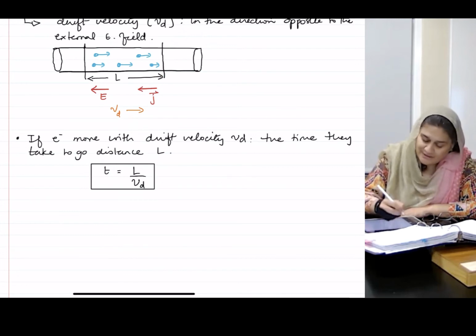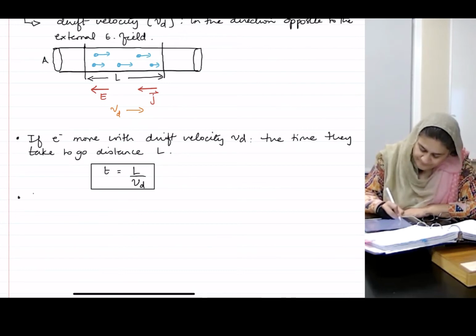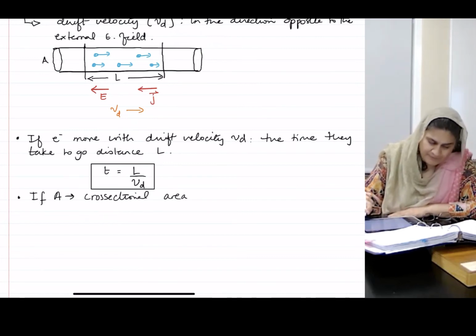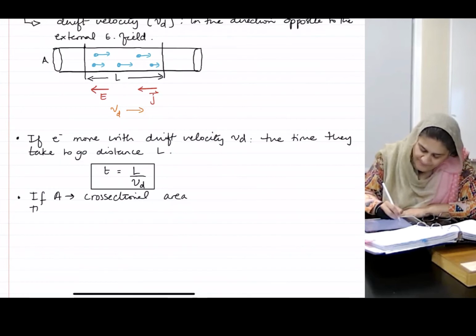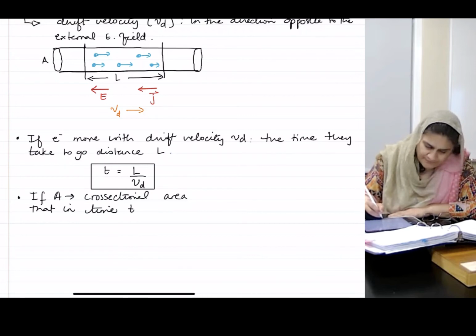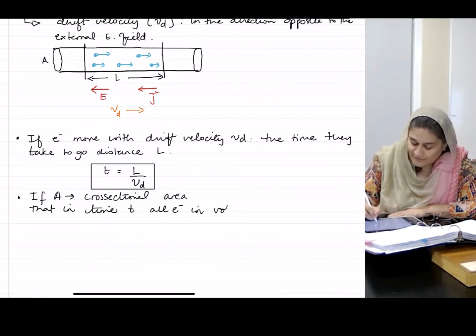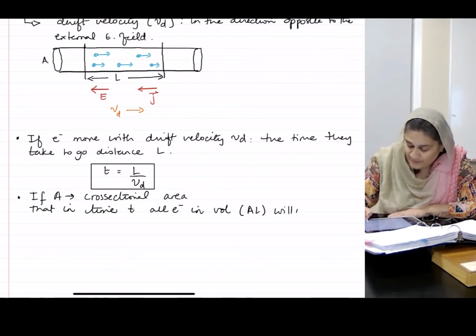And if the cross-sectional area is A, may I say that in time t, all electrons, all free electrons in volume A times L will move to the right.